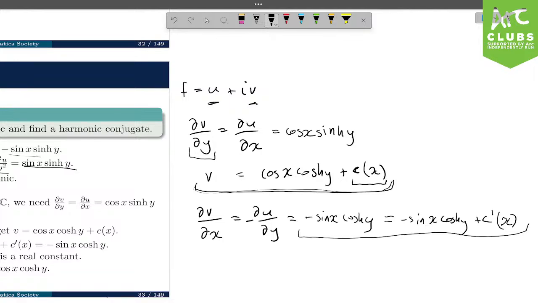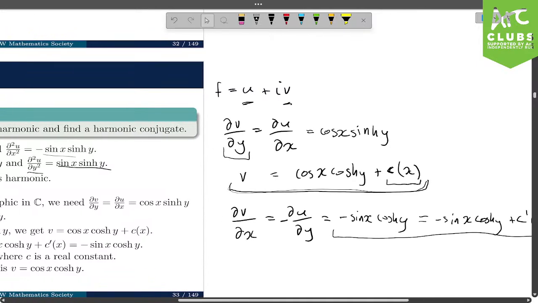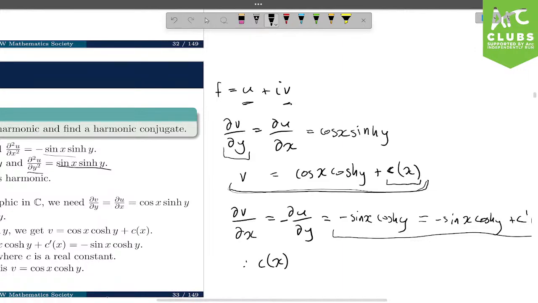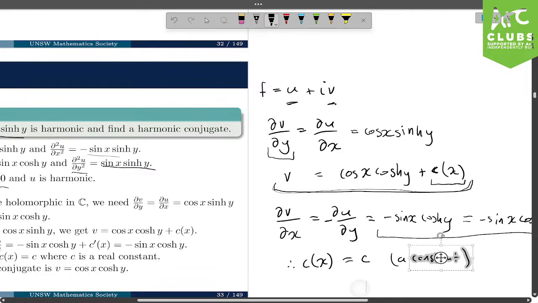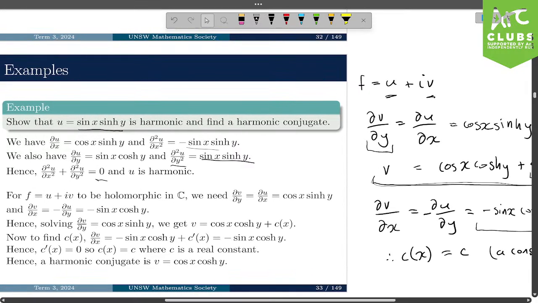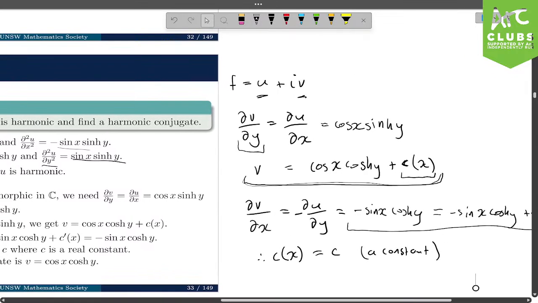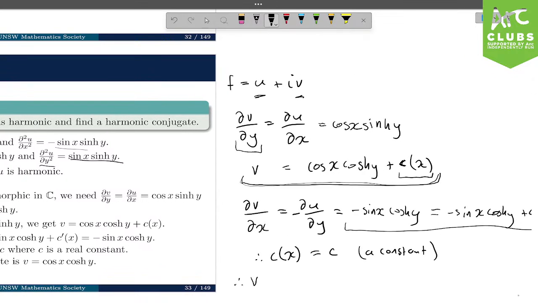So c of x has to be a constant, some constant c. We can choose any constant to be c, so we can choose it to be 0, and we've found that a suitable harmonic conjugate is cosine x times cos y.